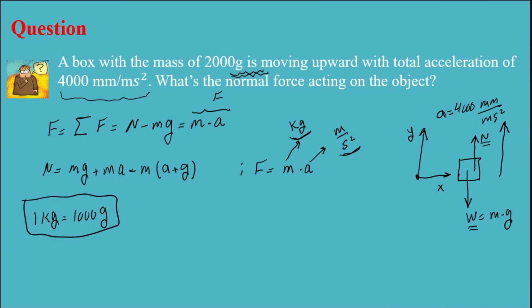So let's do the conversion. I have 2000 grams times 1 kilogram over 1000 grams. And if I do the math, remember this one is in the denominator, so it's going to cancel out with this, and that's going to be 2 kilograms, right?